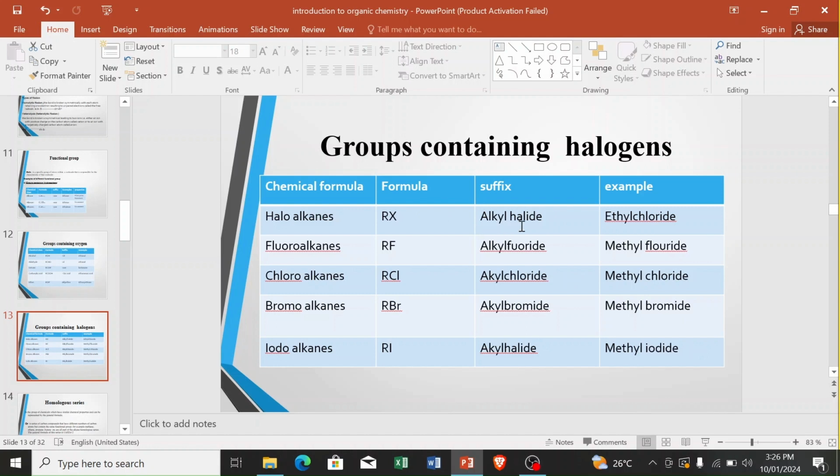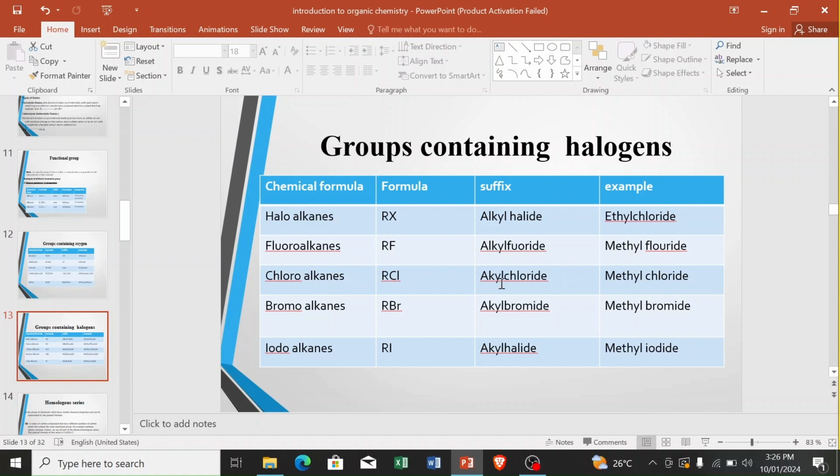The name we shall use is alkyl halide, for example ethyl chloride. Fluoroalkanes are an example of a haloalkane, where we shall have RF because fluorine has F. So we shall say alkyl fluoride, for example methyl fluoride.